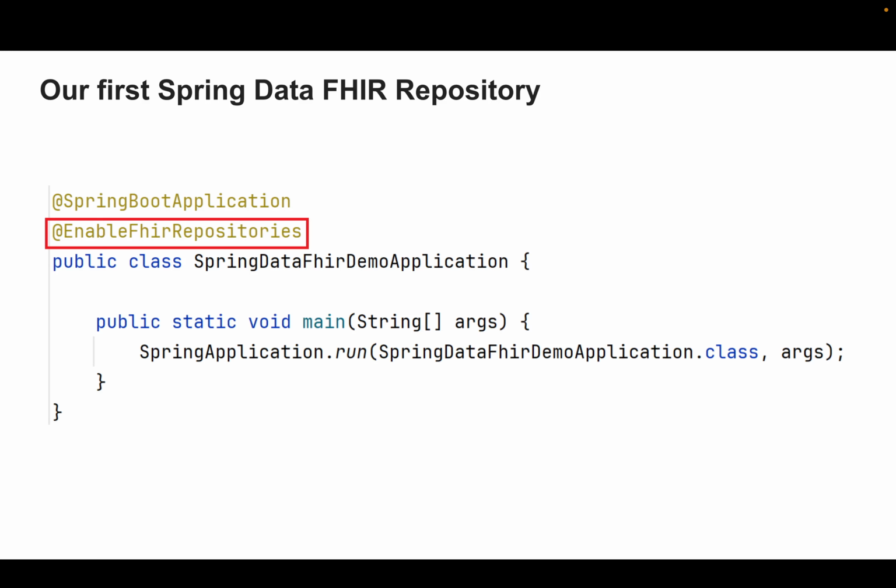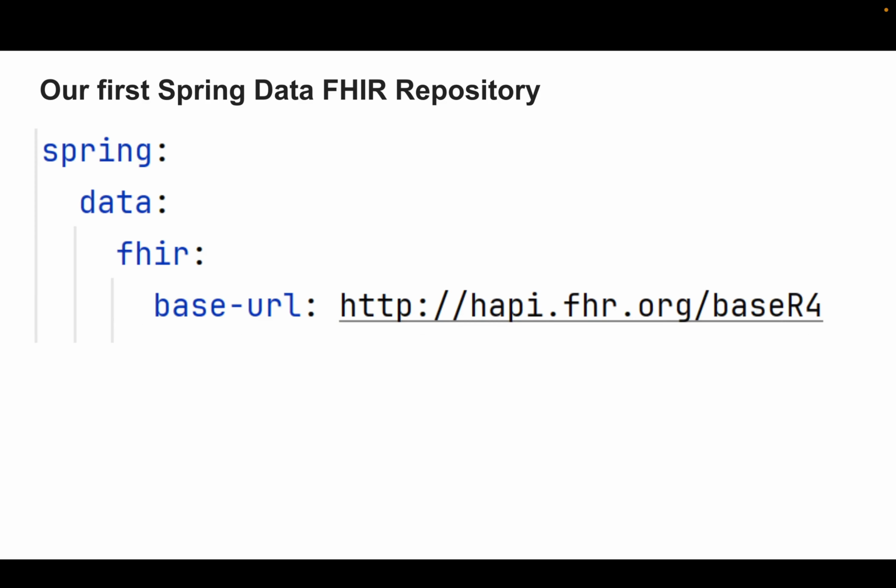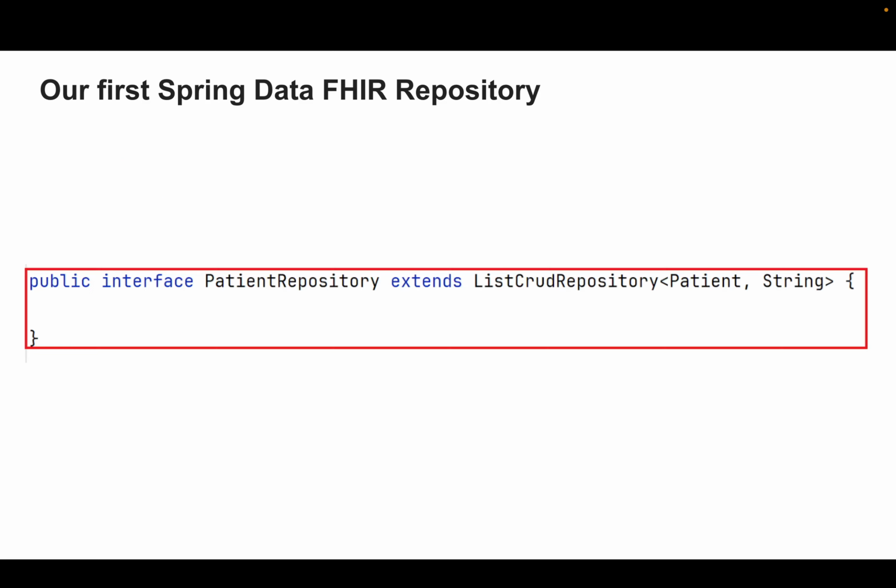They need to add the enabling annotation on top of the main class, or on top of a configuration class, depending on company rules. They need to specify a base URL for the FHIR client and create an empty interface for any FHIR resource they want. In our case, it will be a patient repository.